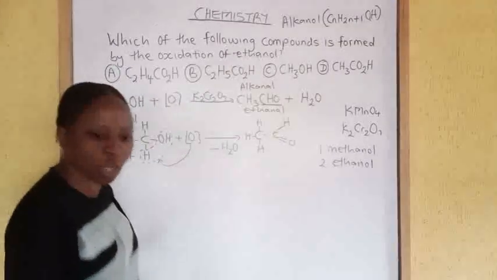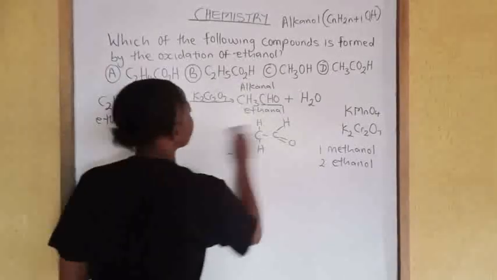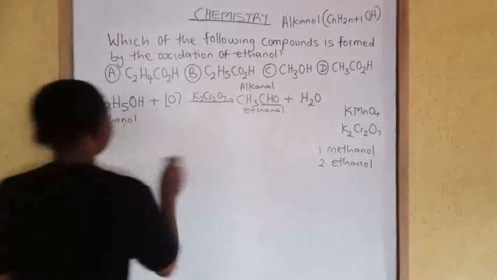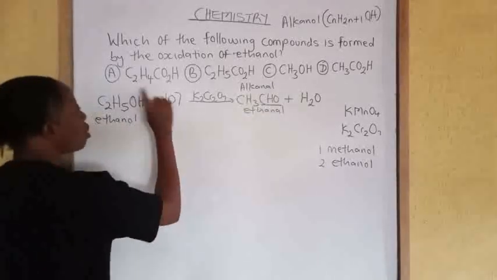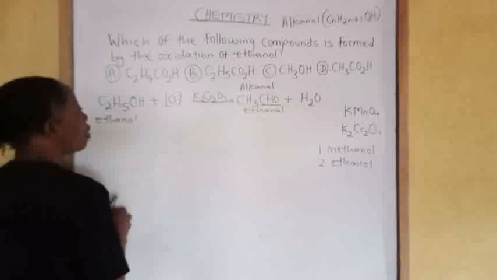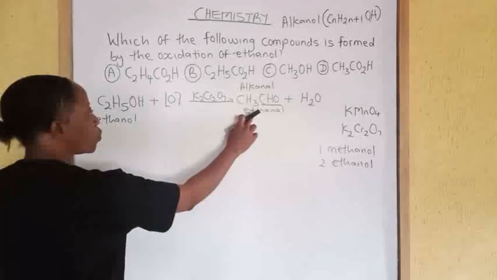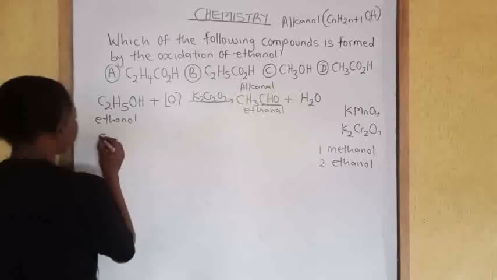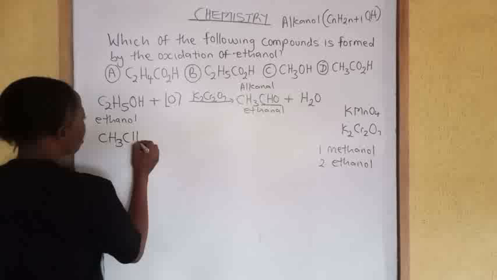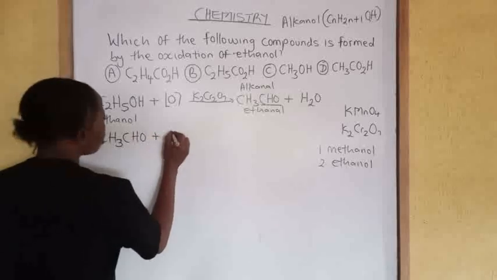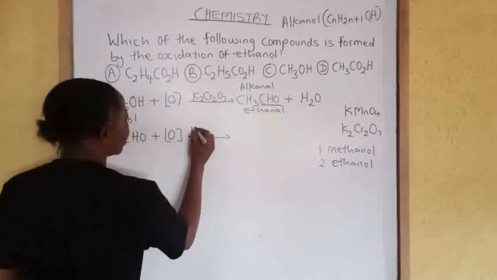So let's move to the second stage. Stage 2. Your product formed here, you add one atom of oxygen again. So we have CH3CHO plus one atom of oxygen from your oxidizing agent.